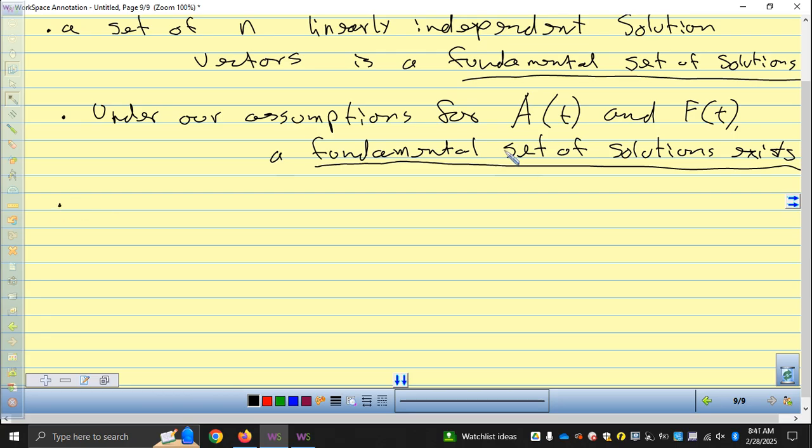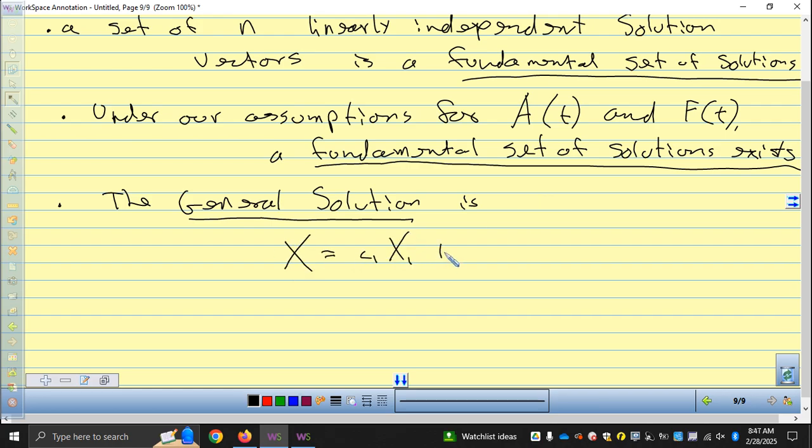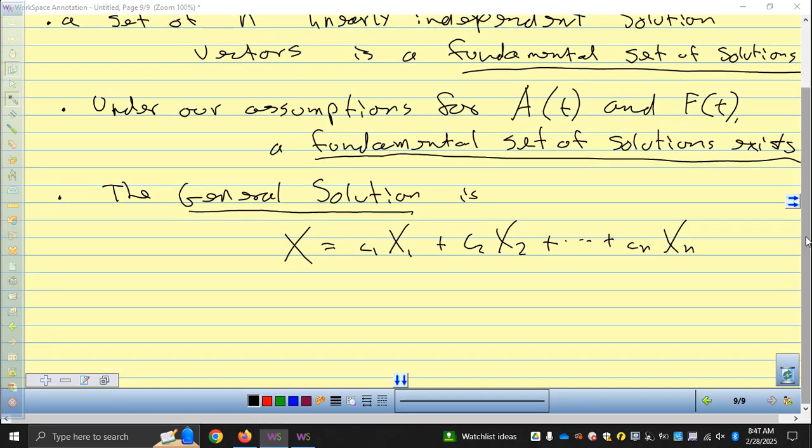If we have a fundamental set of solutions, our general solution is x equals c1 x1 plus c2 x2 plus dot dot dot cn xn. So our goal is to find n linearly independent solution vectors to find our general solution.